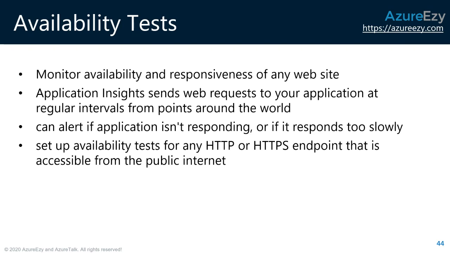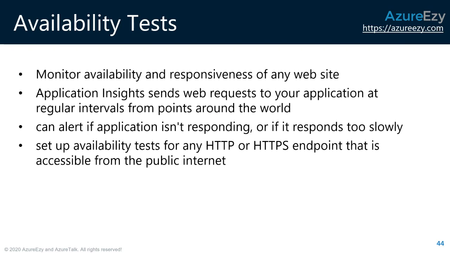Based on whether it is getting a response or not, and whether it is responding slowly or not, it will tell you. So the availability test will help you with the slowness and responsiveness of your application. It works only for HTTP and HTTPS endpoints which are accessible over the public internet.